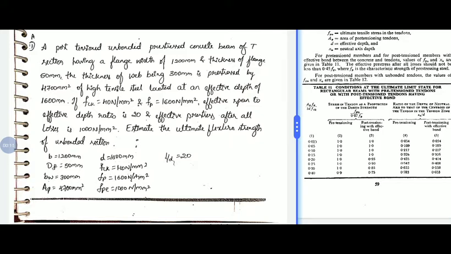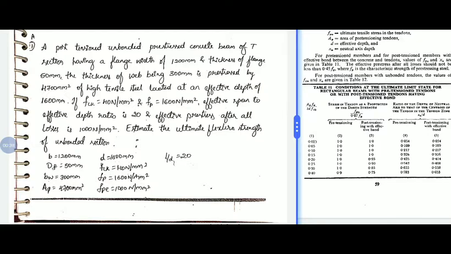A post-tensioned unbonded pre-stressed concrete beam of T section, having a flange width of 1200 mm and thickness of flange 50 mm, the thickness of web being 300 mm, is pre-stressed by 4700 mm square of high tensile steel located at an effective depth of 1600 mm.